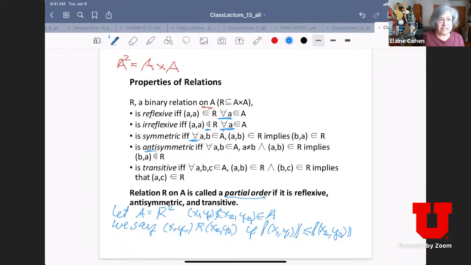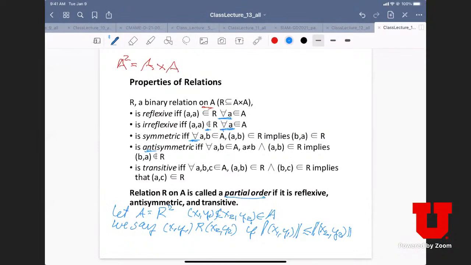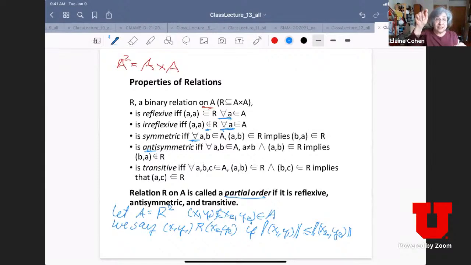Everybody remember what that is? Magnitude of a point in the plane is the distance from the origin to the point in the plane. So the distance is the square root of x1 squared plus y1 squared. We sum those and then we take their square root. Okay, so here we're saying that two points are related if one has smaller than or equal magnitude than the other.